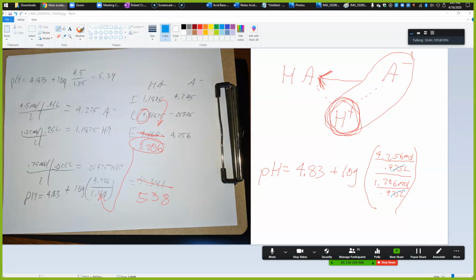Rob, don't you have a sheet with a bunch of these equations in the Moodle? Yeah, usually I do. So here you go, Allison.